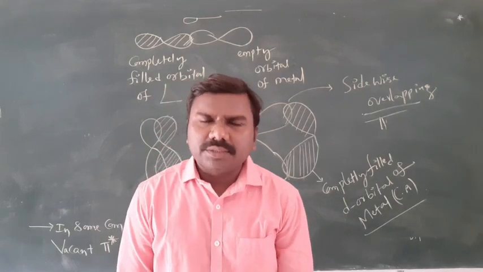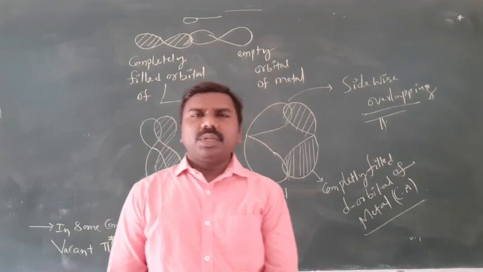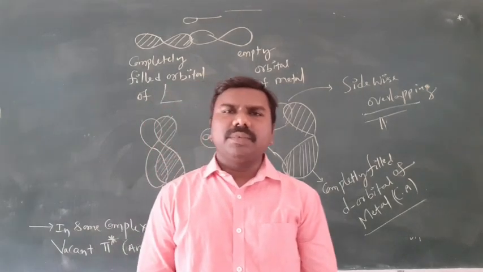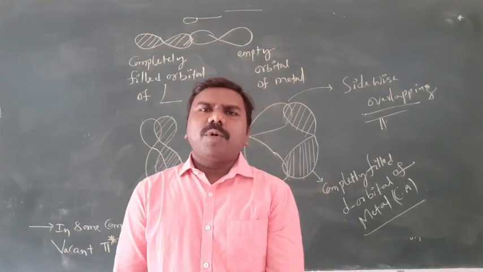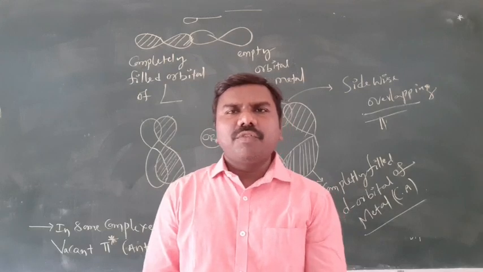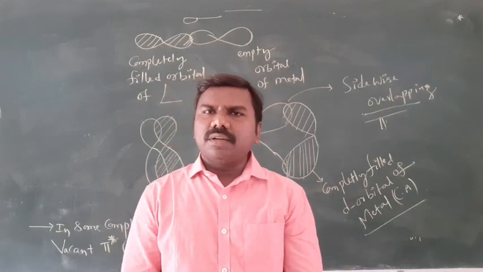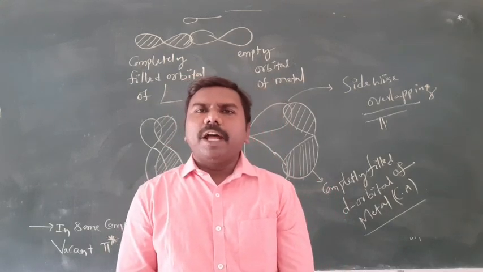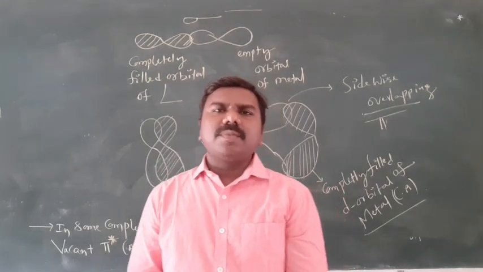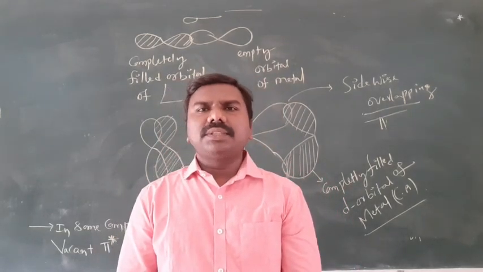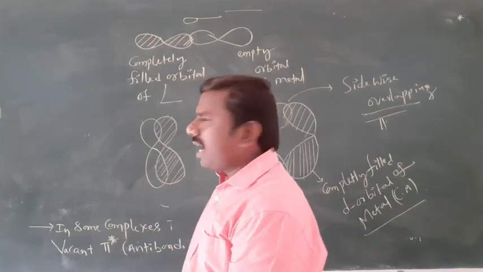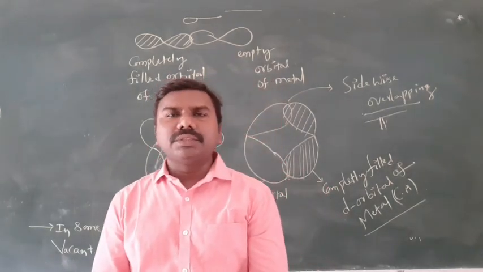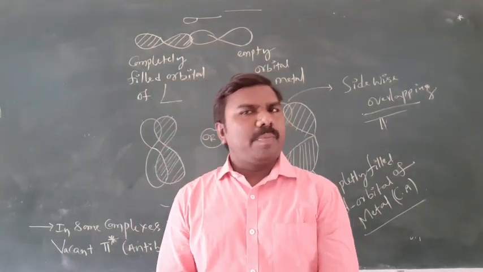If you understood these 6 terms, you can answer any question, and this is the first important question in this chapter for 3 marks. You can observe papers also. Now, if you understood these 6 terms, you can write the answer for the given question. No need to learn this topic by heart.